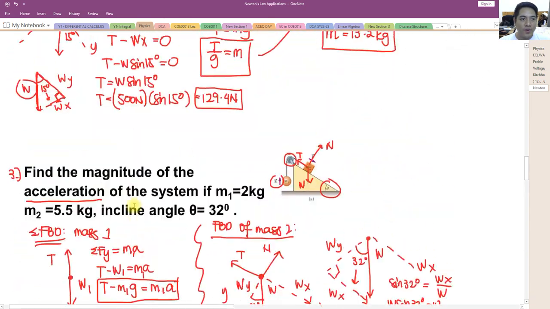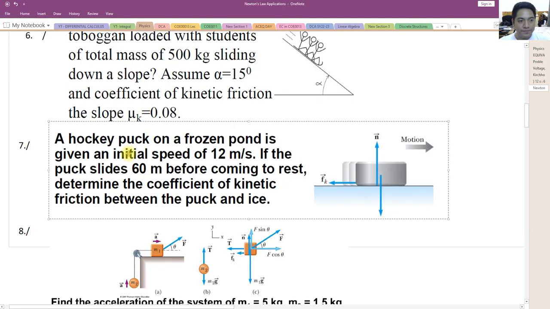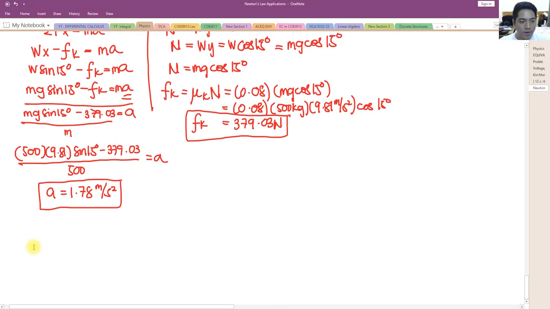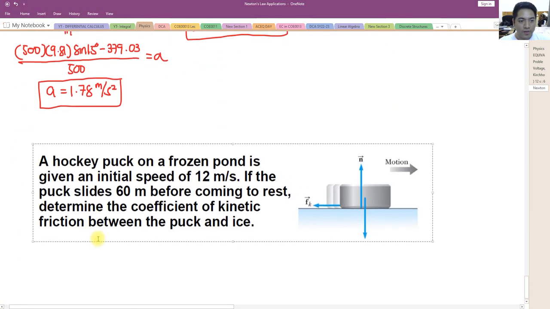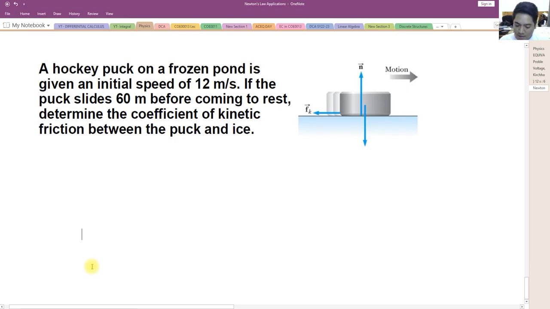So for the second to the last problem, we have problem number 7. A hockey puck on a frozen pond is given an initial speed of 12 meters per second. So we have an initial speed, V naught, that's 12 meters per second.